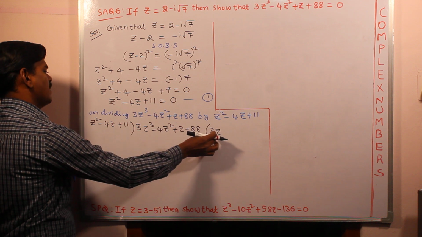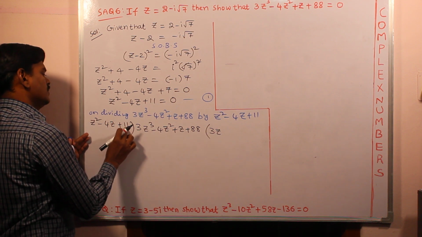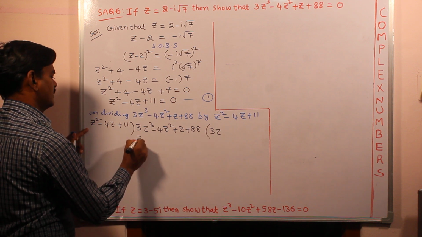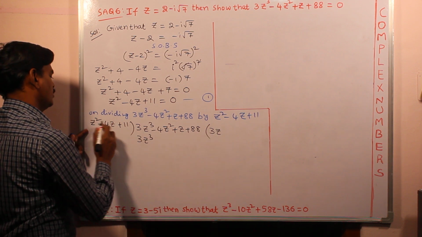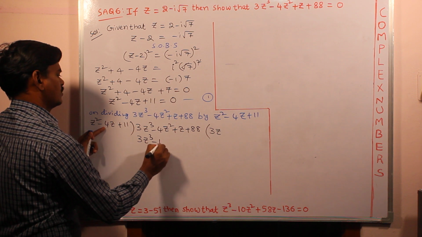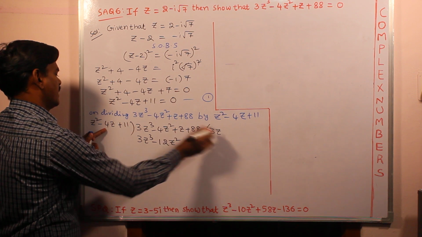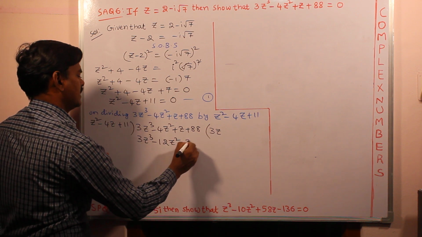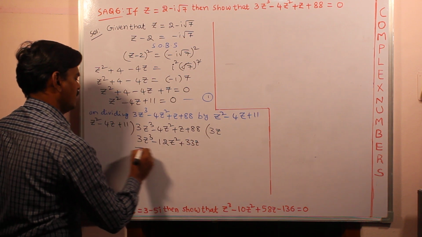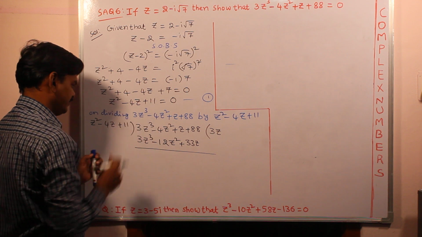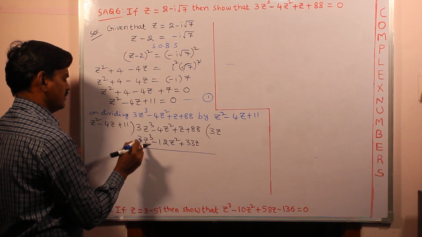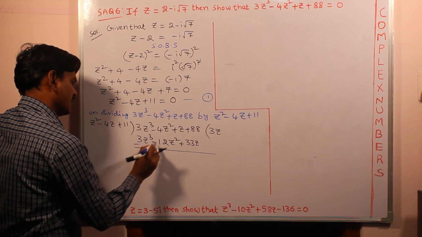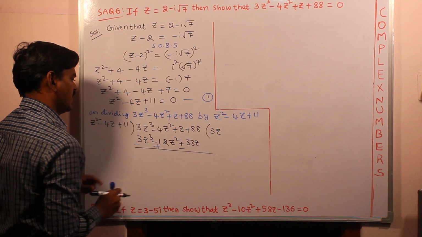Now multiply each and every term with 3z. 3z into z square is 3z cube, plus into minus, minus 3 fours are 12z square, plus into plus, 3z into 11 is 33z. Now subtraction. On subtraction, the sign of the second term changes: plus becomes minus, minus becomes plus, plus becomes minus.